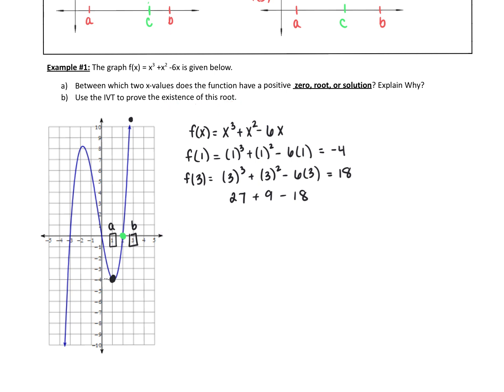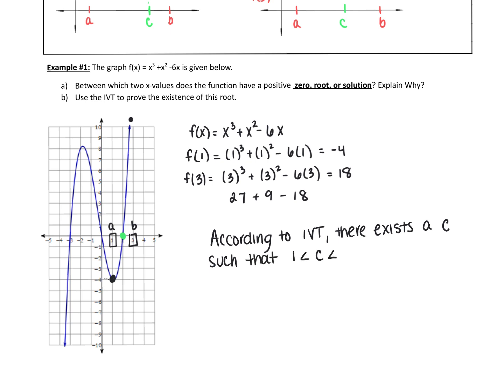So that's kind of all you need to know. As far as an explanation, we can say, according to the IVT, intermediate value theorem, there exists a C between 1 and 3.